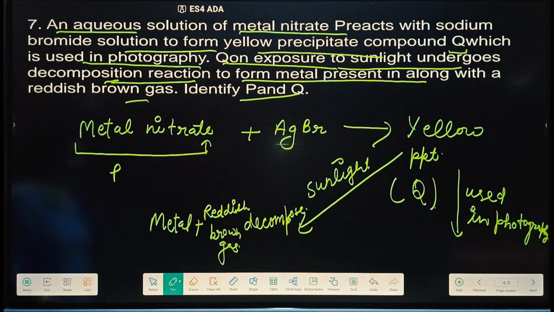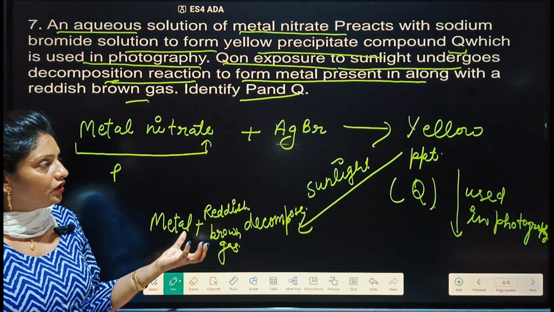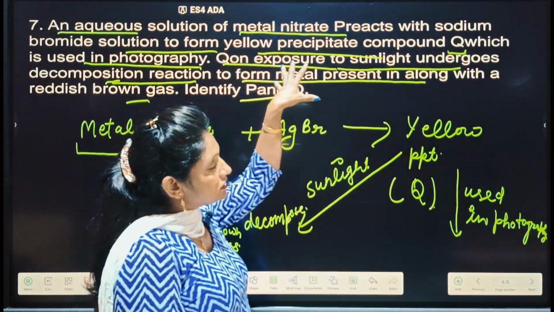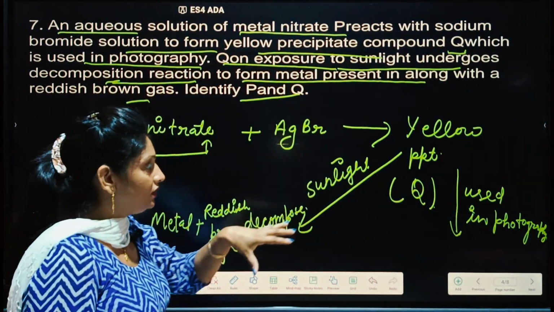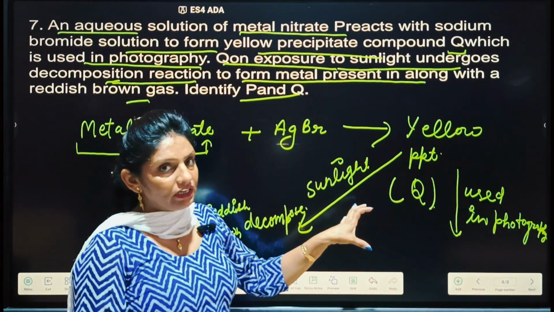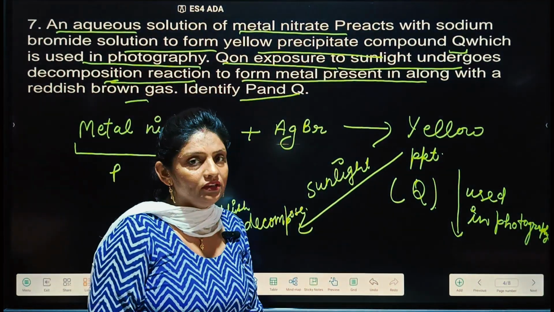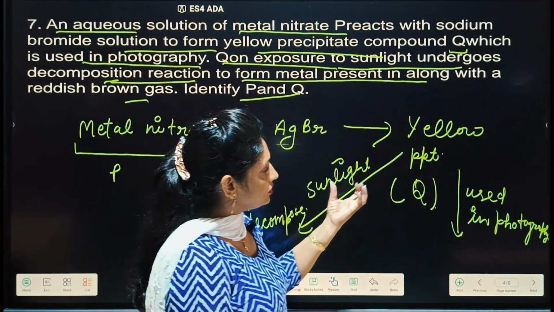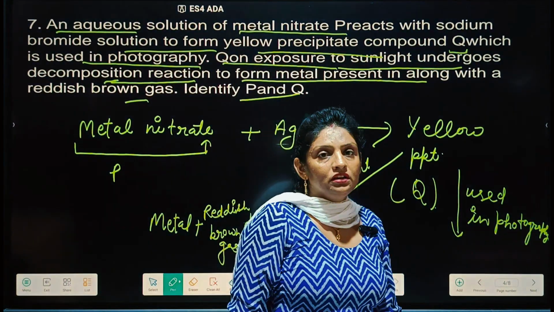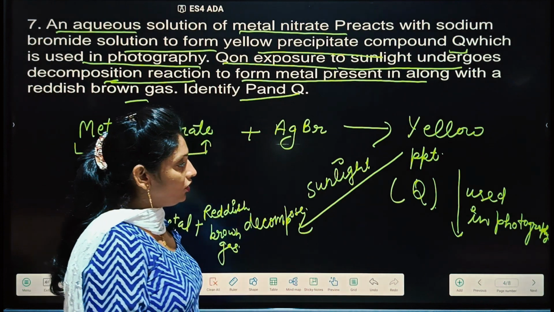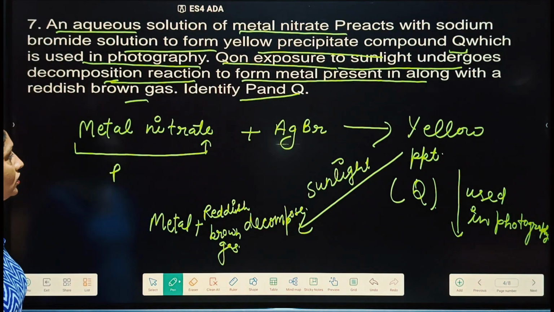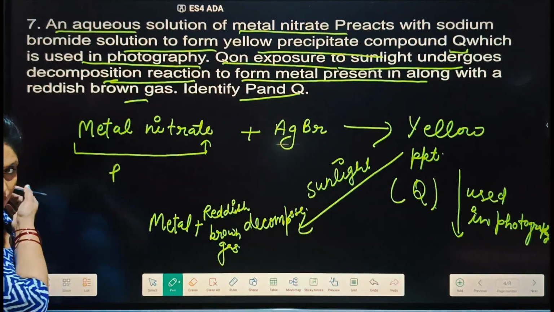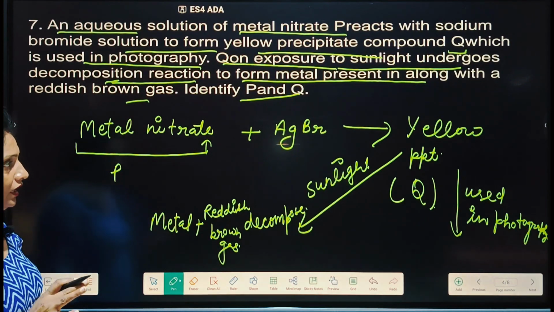Students, it is not difficult. If you write the statement in your own words in an easy way, you can reach your desirable result. Here, metal nitrate P, we don't know which metal it is.